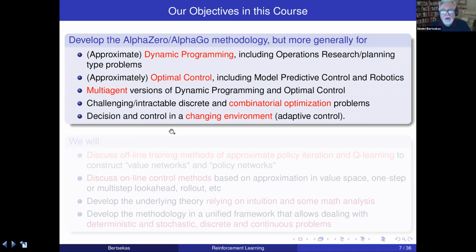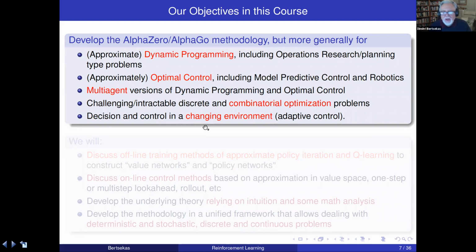Then there's a whole other class of problems that takes difficulty into another level. AlphaZero, of course, deals with a very challenging game, chess. However, from a dynamic programming point of view, from a control point of view, chess may not be so difficult.